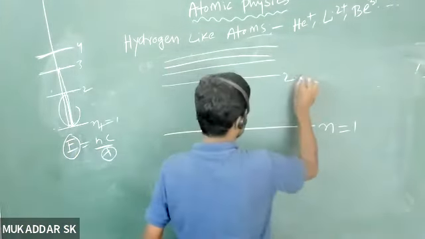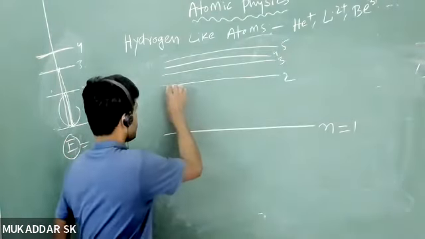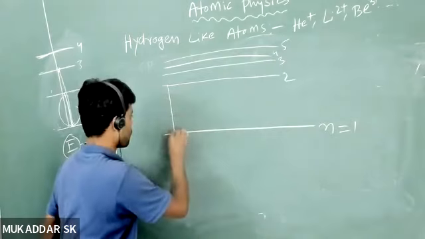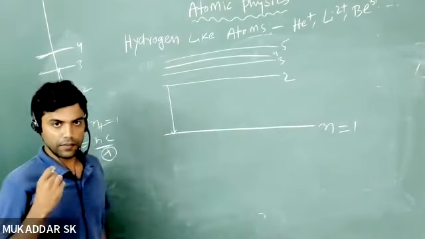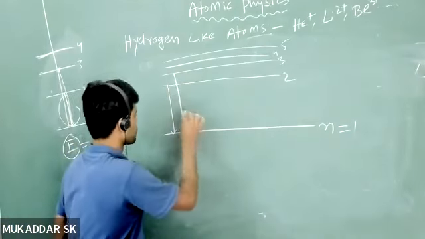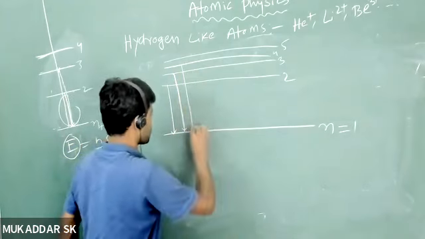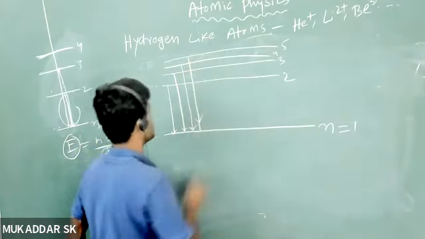So when the electron is coming from an excited state to n equals 1, it is giving the Lyman series.